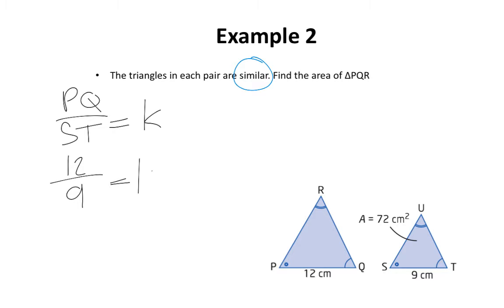That is going to be equal to k. You can always reduce this fraction, and that is going to reduce to 4 over 3. I want you to notice that I've put the larger triangle sides in the numerator and the smaller triangle sides in the denominator. We're going to try and keep this consistent when we are looking at the areas of these two triangles.